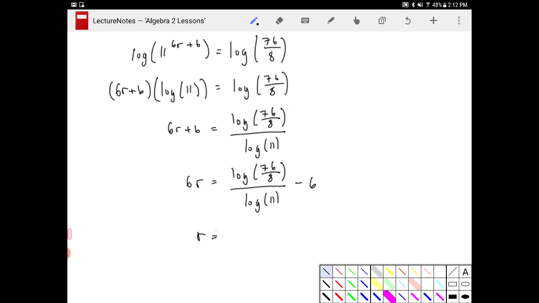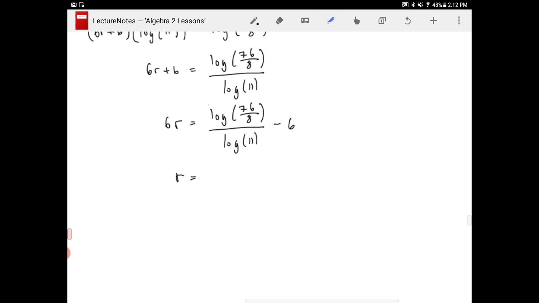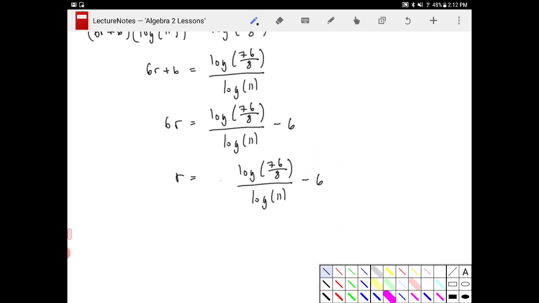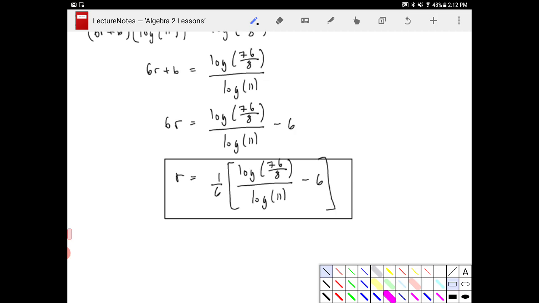And finally, r is equal to this whole thing divided by 6 or multiplied by 1/6. Okay, and you would have to enter that into the calculator, but make sure you apply the order of operations and place in the correct parentheses in the correct manner.